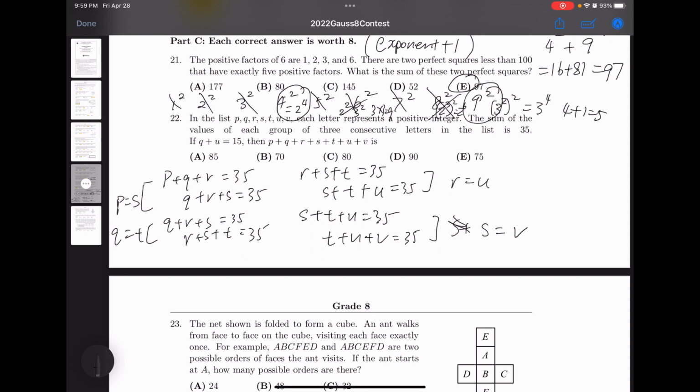Since we already know that Q plus U is 15, we need to replace all the letters with Q and U as many as possible.